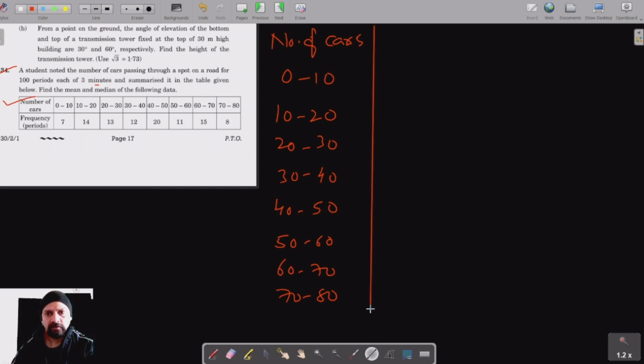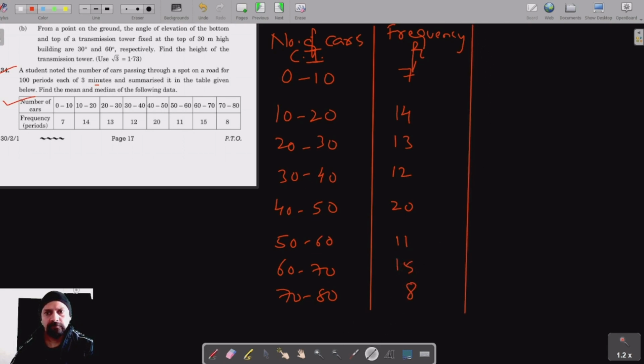This is the number of cars, spotted on a road for 100 periods, each of 3 minutes, and the frequency for each of these class intervals is fi. The frequencies are 7, 14, 13, 12, 20, 11, 15, and 8.